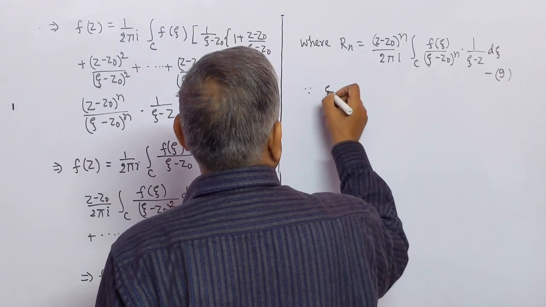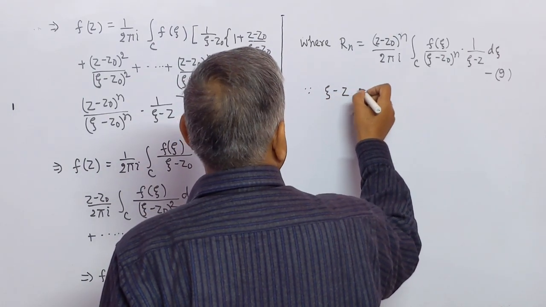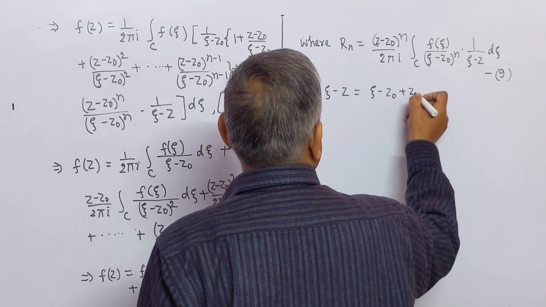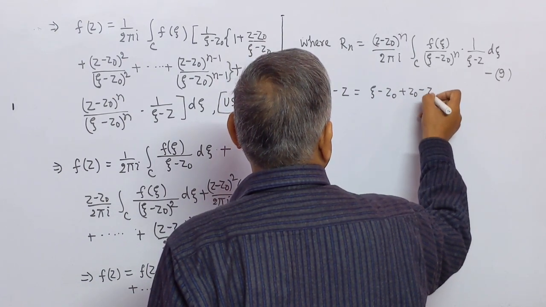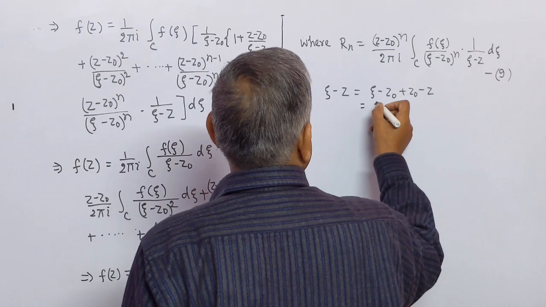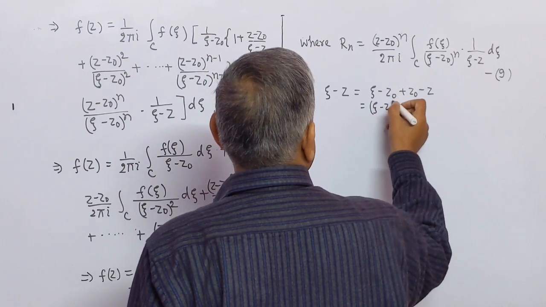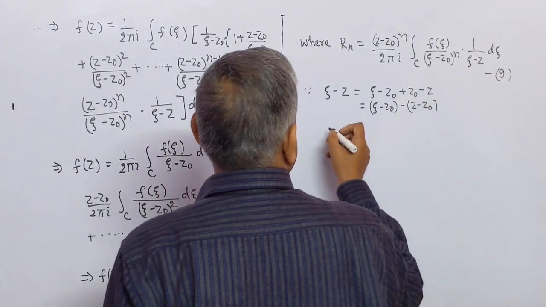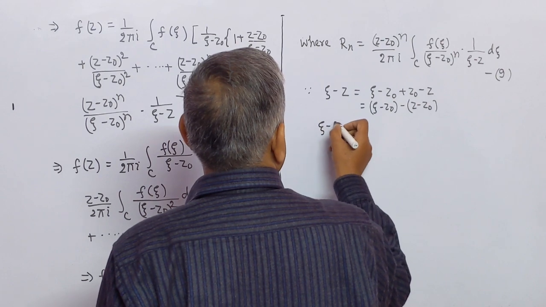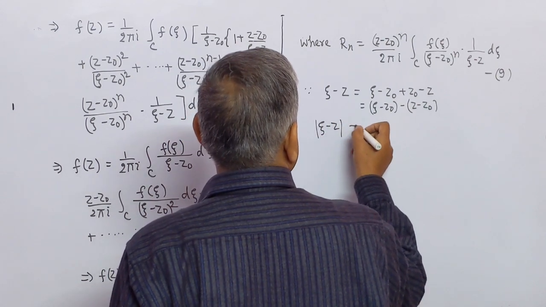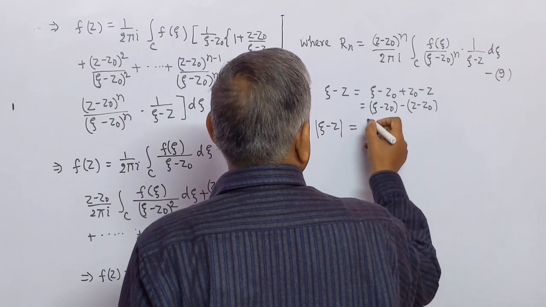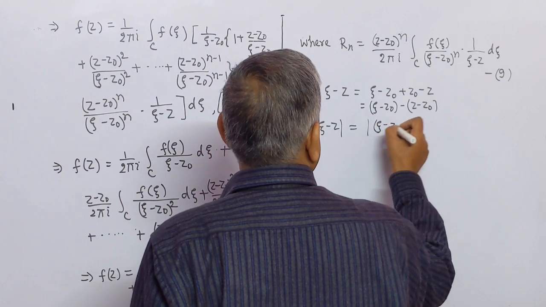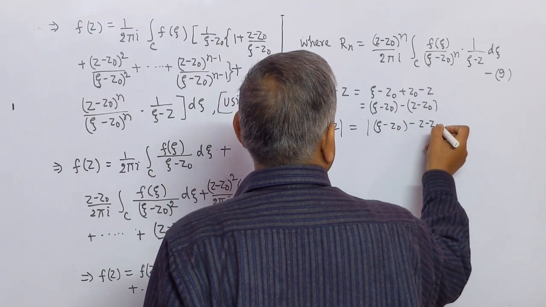Since ξ − z equals ξ − z₀ plus z₀ − z, which equals (ξ − z₀) − (z − z₀), the modulus of ξ − z equals the modulus of (ξ − z₀) − (z − z₀).